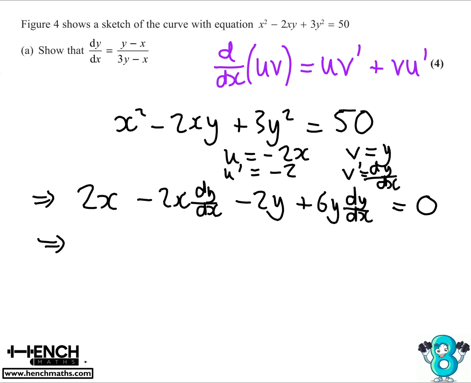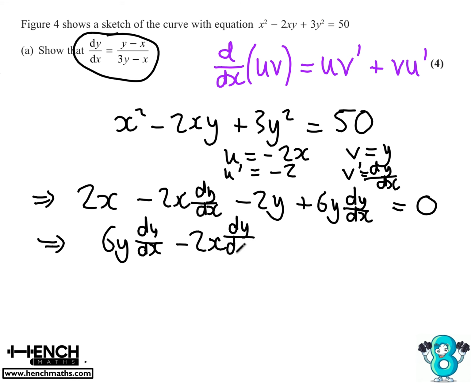So we're going to keep all the dy by dx terms on one side. Looking up here, we're trying to get 3y minus x on our denominator. So I'm going to keep the 6y dy by dx, subtract 2x dy by dx, on the left hand side, and move the 2y and subtract 2x to the other side.